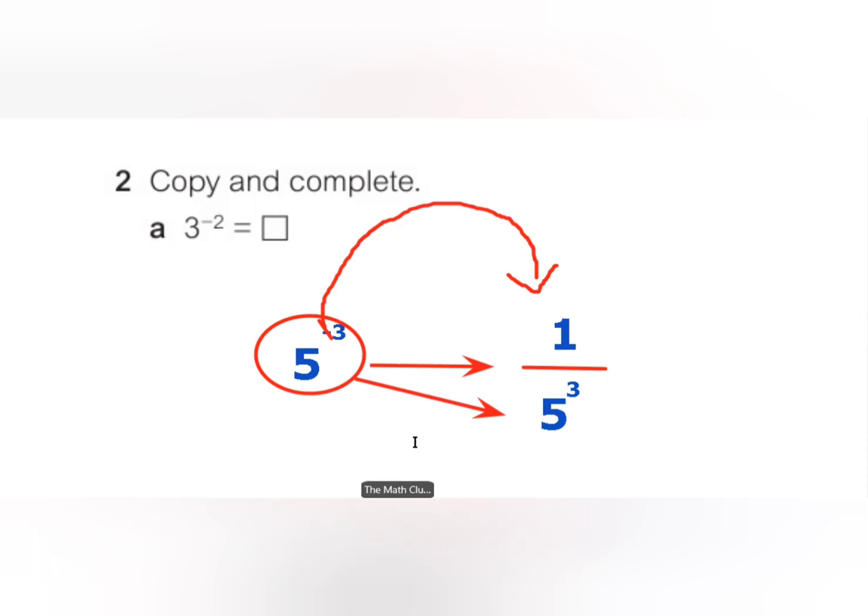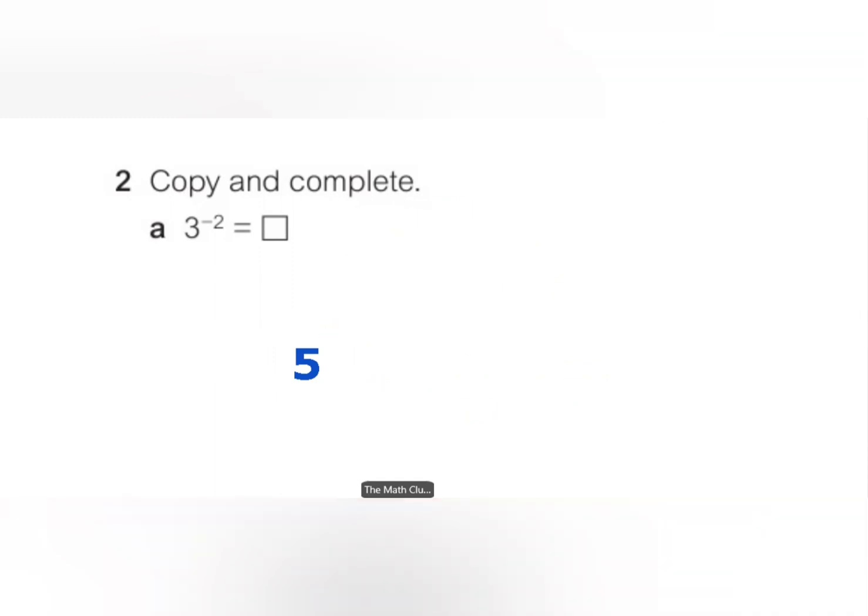Now let's take a look at the questions and see what happens. For A, we're going to follow the same steps. 3 to the power of negative 2. The negative, we will turn it into 1 over, or a fraction with 1 in the numerator.